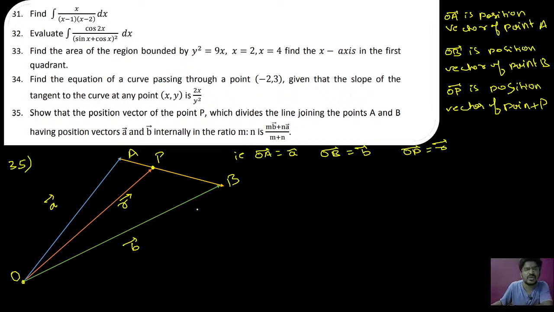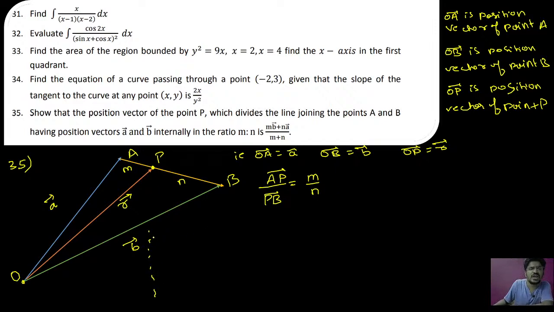Okay, so now you can see that it is dividing in the ratio m is to n. So from the figure what we have, vector AP divided by vector PB is equal to m by n. So this is from the figure that we have drawn here. So here vector AP is what?